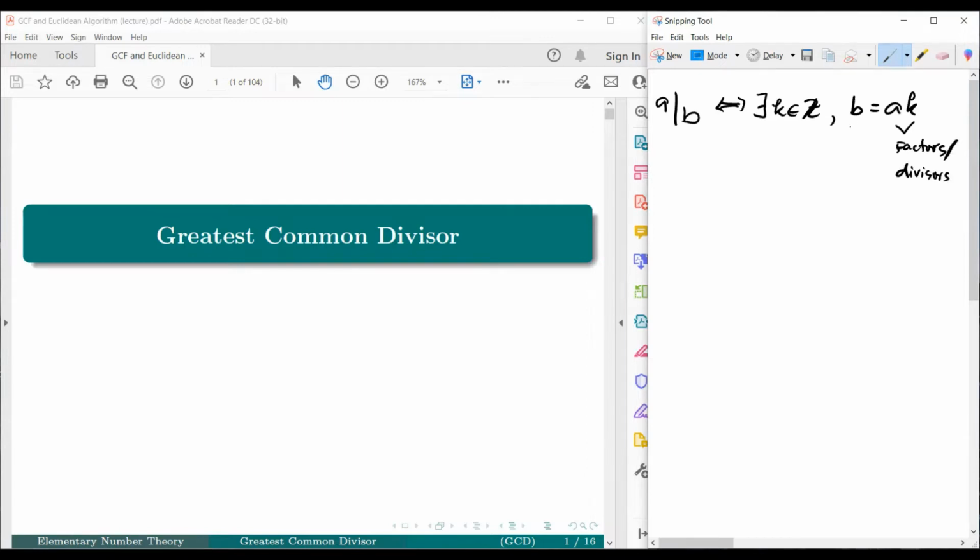Then b is a multiple of a and k, or b is divisible by a and k. Now we will be focusing here on the divisors, using the concept of divisibility.